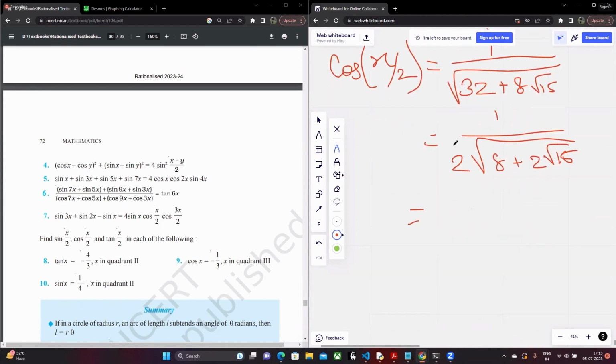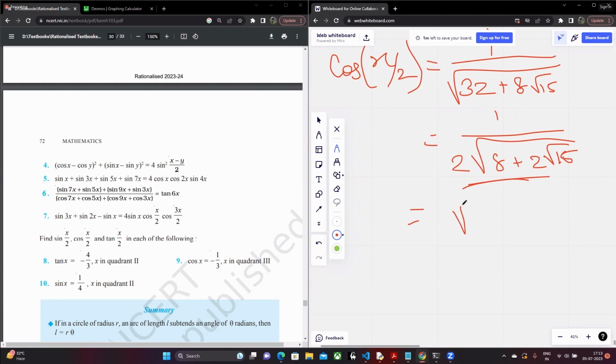right? Which if you want to rationalize, because not many people like to leave a root in the denominator. Sorry. If you want to rationalize this, what will happen is you will multiply this by square root of 8 minus 2.